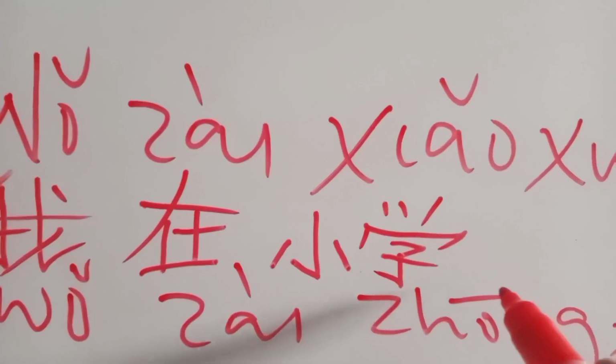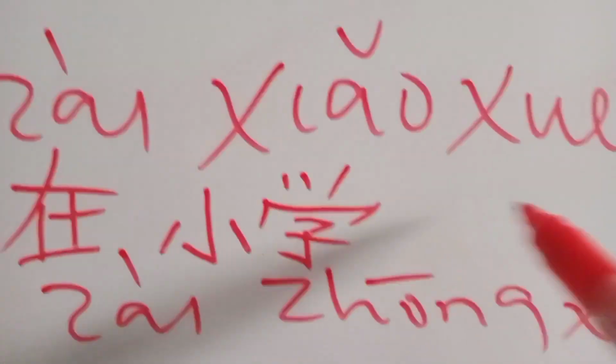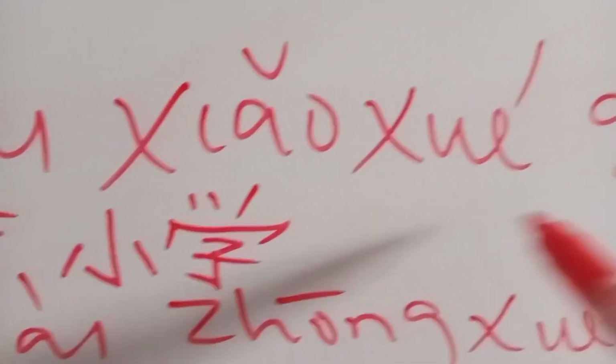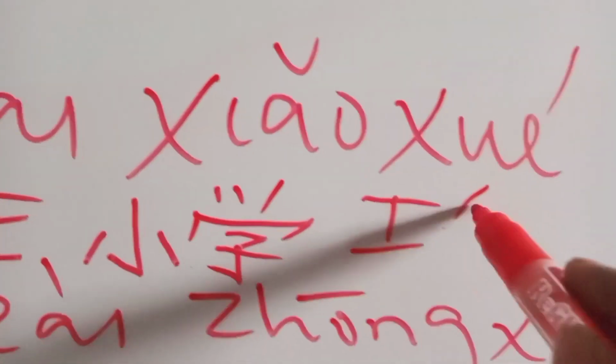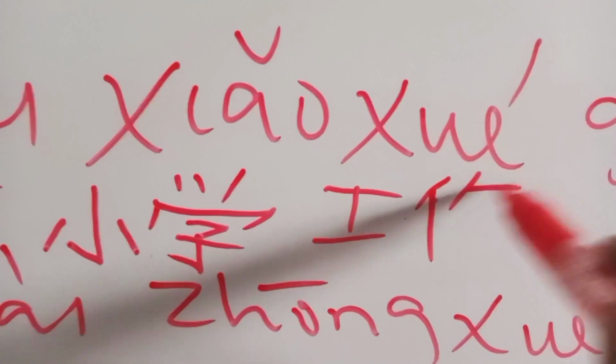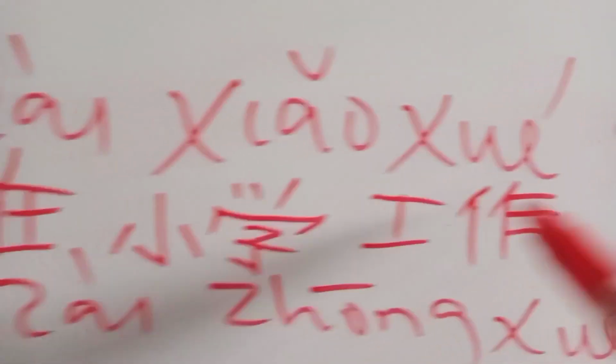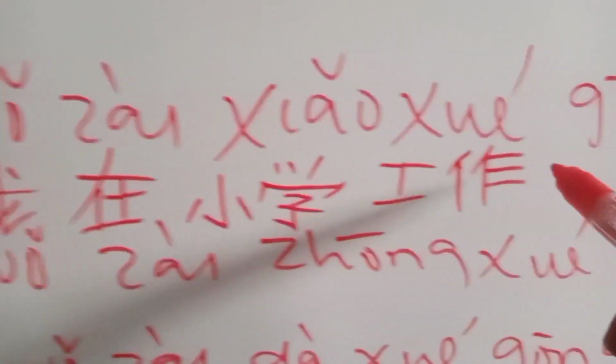And like this. The space is not much, but this is clear enough. 小学工作. You write the 工作 again. 我在小学工作. 我在中学工作. So we write 我 again.